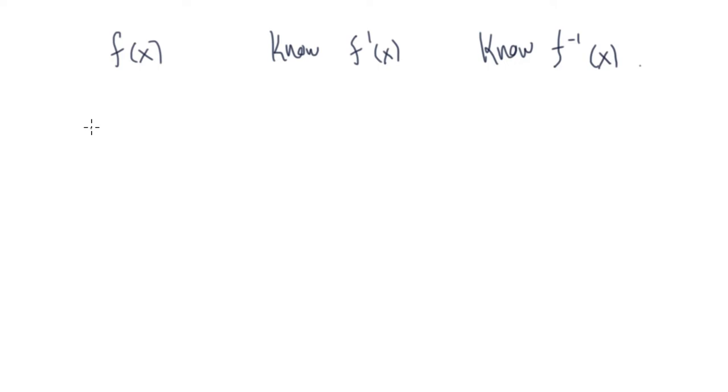So recall that to be inverse functions, if I compose f with f inverse, what do I get? Well, f inverse is going to take x to something in the domain of f, and then f is going to take that something in the domain and send it back to x.